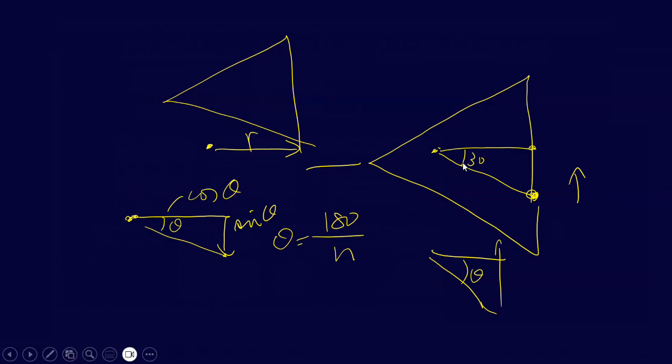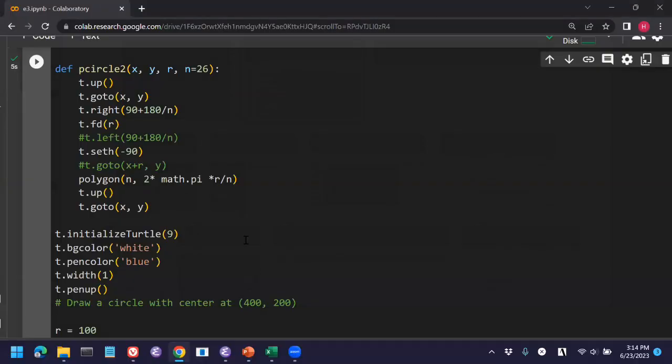Instead of going angle theta and going right r, we can go r cosine theta to east and going south by r sine theta. If you're interested, you can program that.